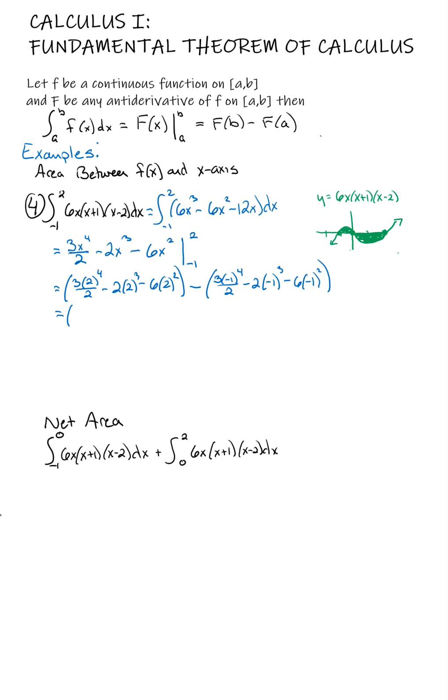Hold on, what am I thinking? This is 8 times 3, that's 24, minus 8 times 2 is 16, minus 6 times 4 is 24. There we go. Minus, and the second one, just dealing with some negatives in there. It's going to be positive 3/2 plus 2 minus 6.